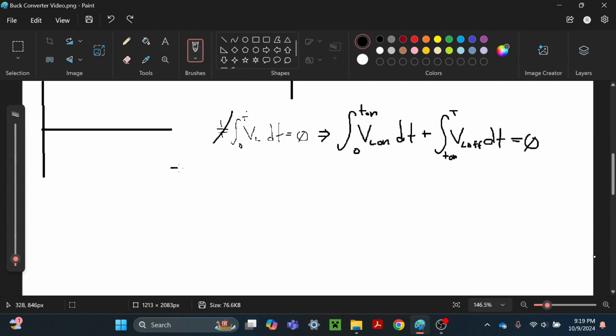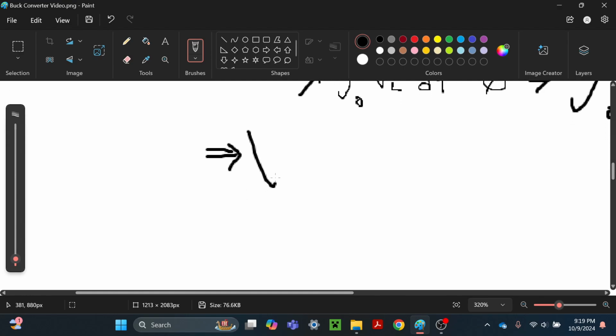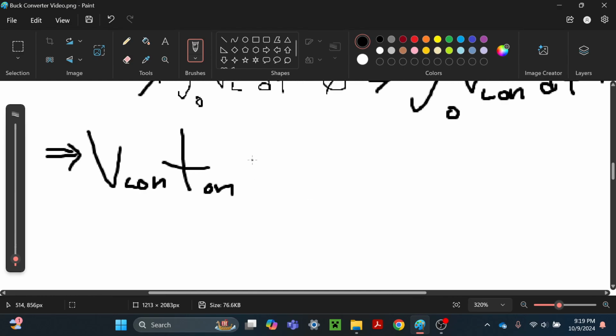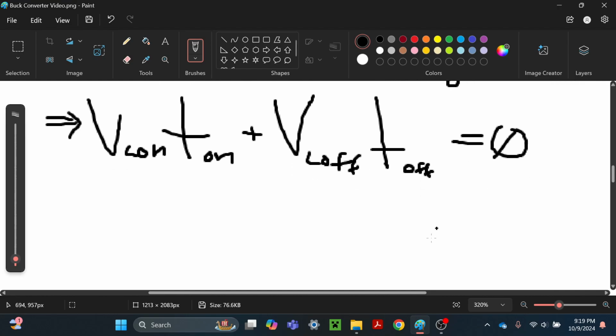So you can rewrite this as VL on times on time plus VL off times off time. And that equals 0.